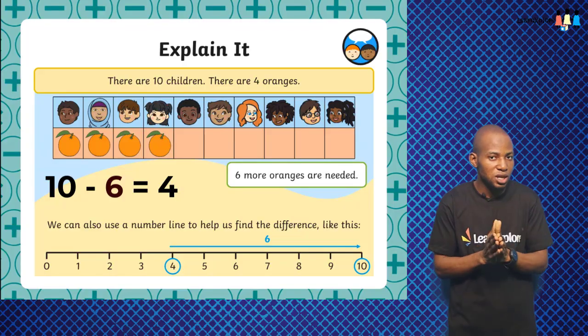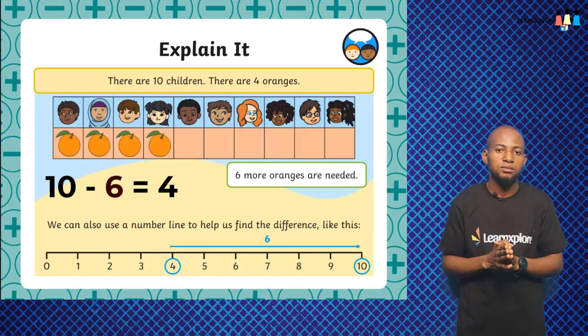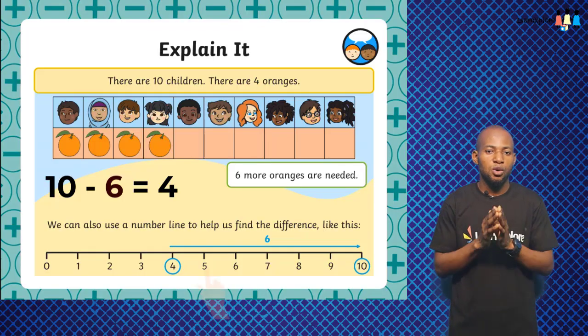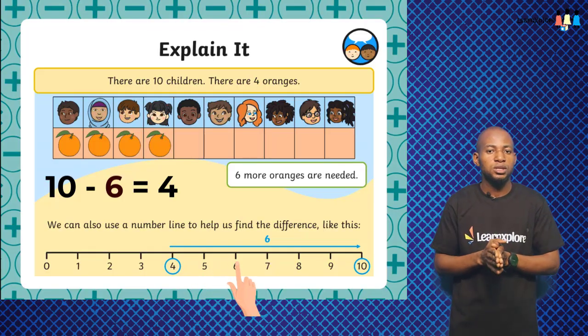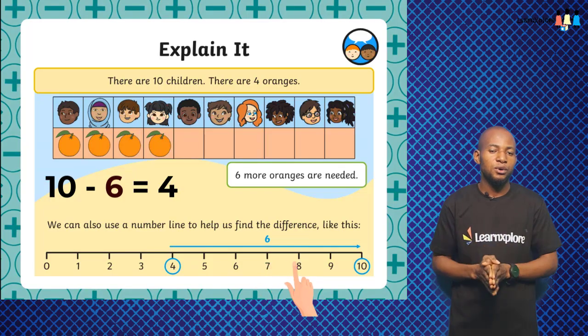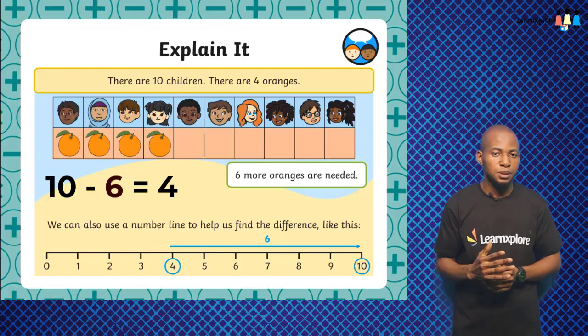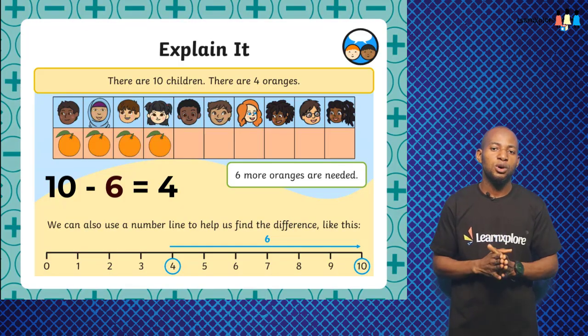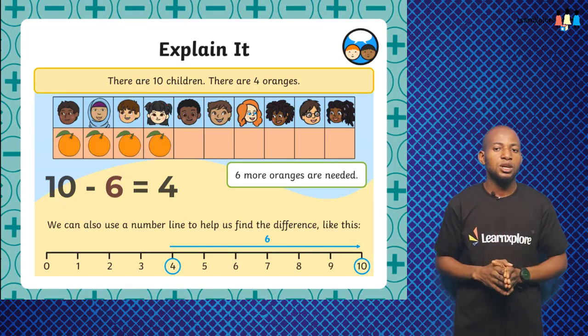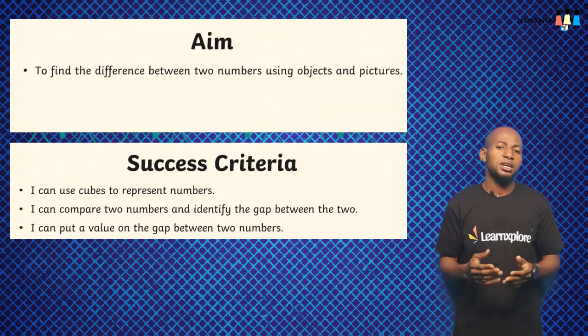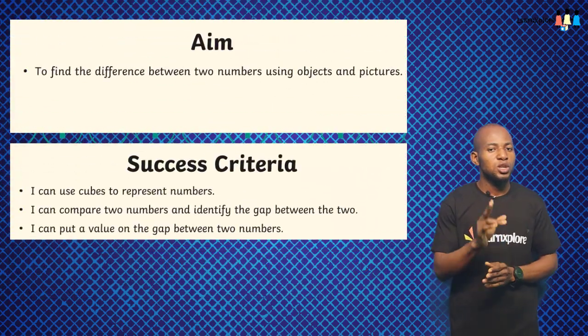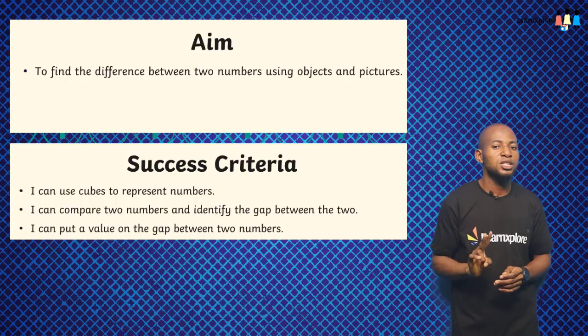We are going to say it together from 4. Let's go. 1, 2, 3, 4, 5, 6. 6 steps.